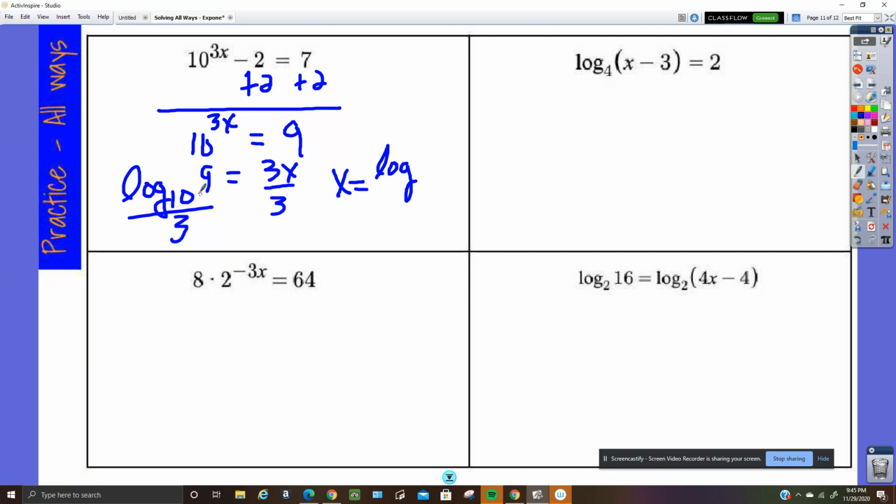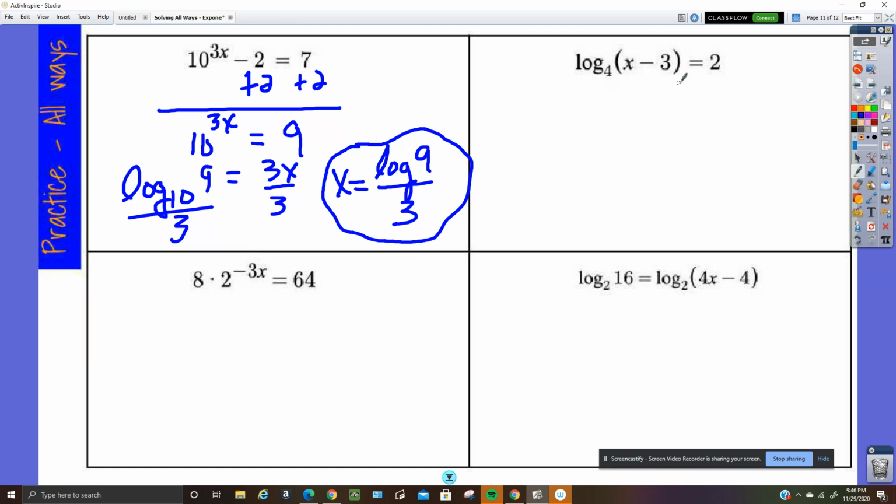So I don't have to write the 10 when it's base 10. That's the common log. So log 9 over 3. I'm not going to get the decimal approximation. You can do that on your own, but you can put this on the calculator to get the decimal approximation. I'm just going to leave it as exact answers on these examples here.